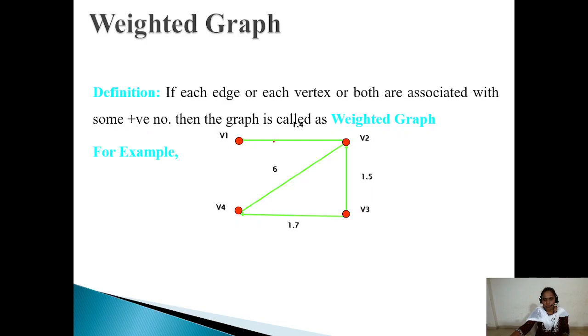V1 to V2 no weight, V2 to V3 1.5 weight, V3 to V4 1.7 weight. These are the weight values. The weighted graph goes V1, V2 to V3, V3 to V4, and then back to V2 and V1. This is the weighted graph.